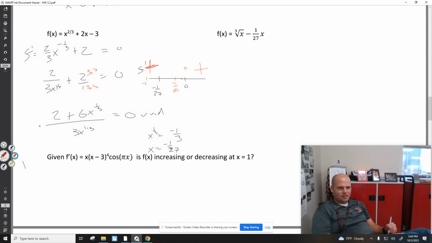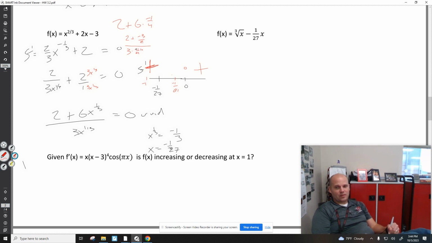2 plus 6 times the cube root of negative 1/64th, which is negative 1/4. This is 2 plus negative 3 halves. This is 2 plus negative 1.5. That's a positive. Over 3 times negative 1/64th to the 1/3.